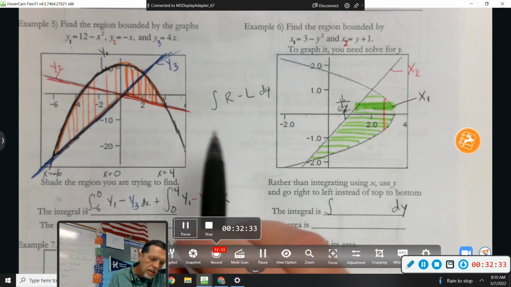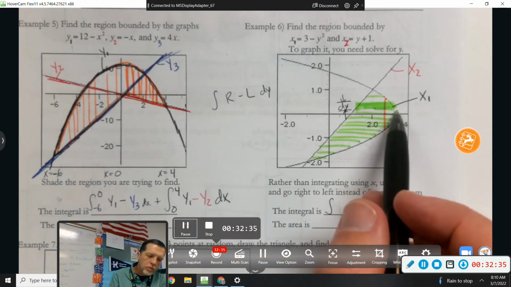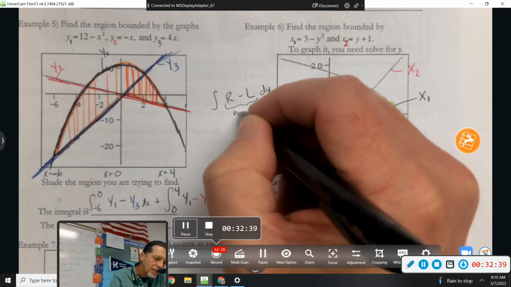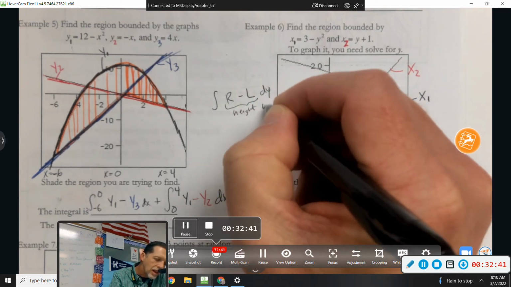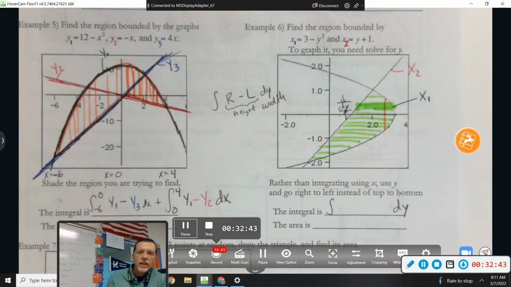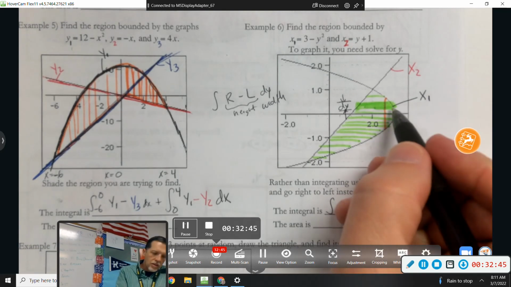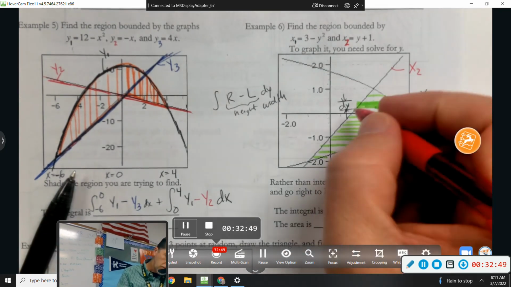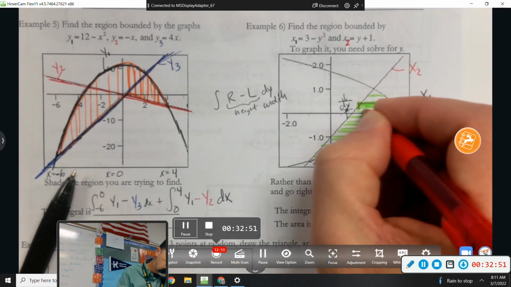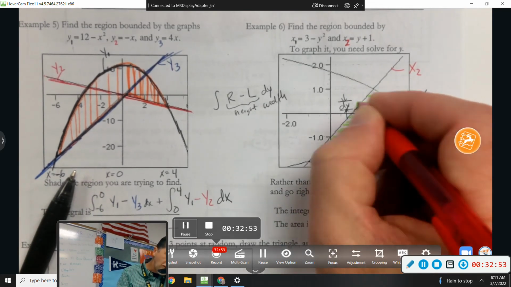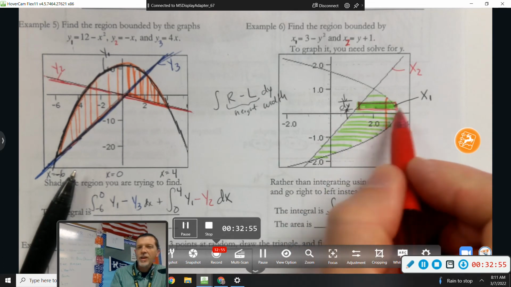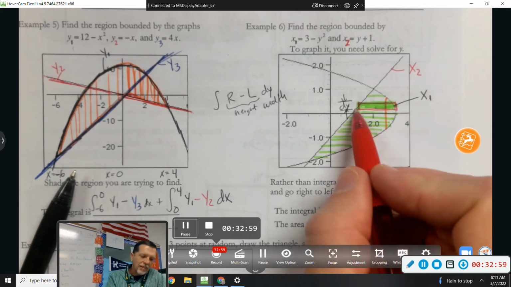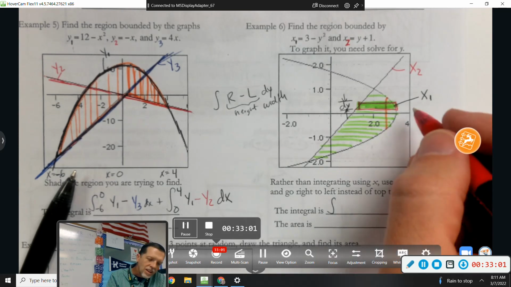The rightmost one minus the leftmost one, that would sort of be the height of the rectangle. Still doing height and width. So the length of the rectangle, because of how it's situated, is the right function minus the left function. So that's x1 minus x2.